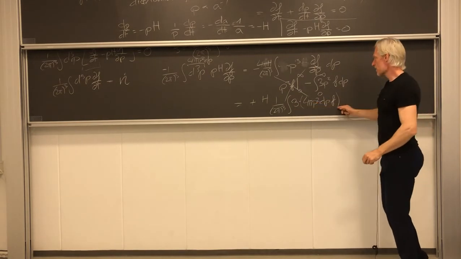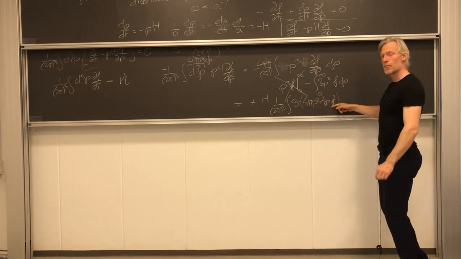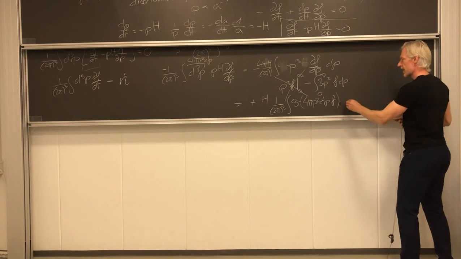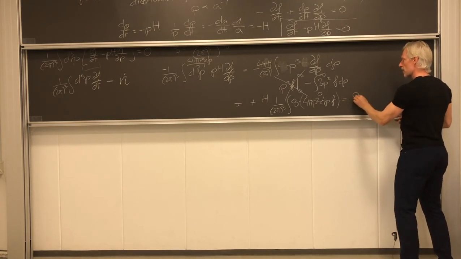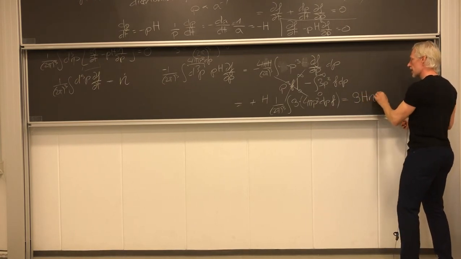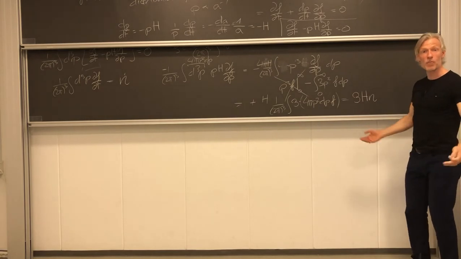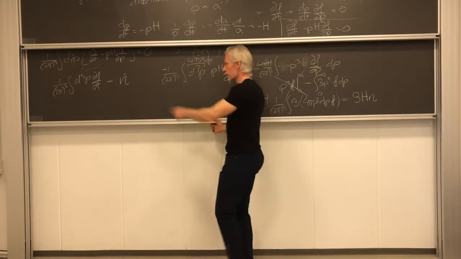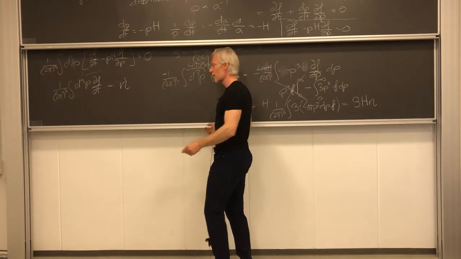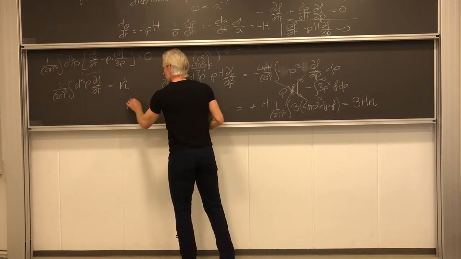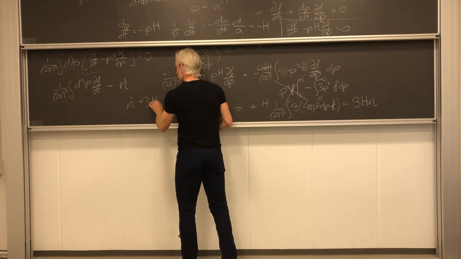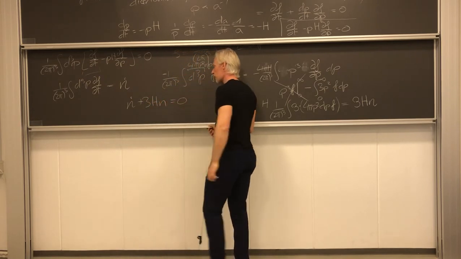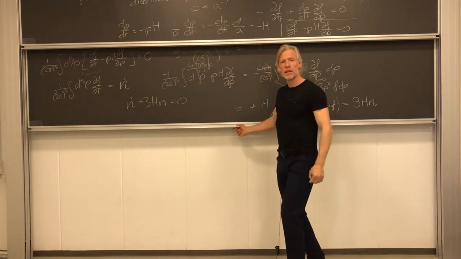But when I do the integral, that's exactly the number density. So what I get out in the end is actually 3 times the Hubble parameter times the number density, nothing more. And that means my conservation equation, the Boltzmann equation, when I integrate it over momentum space like this, can be cast as a conservation equation of this form here.